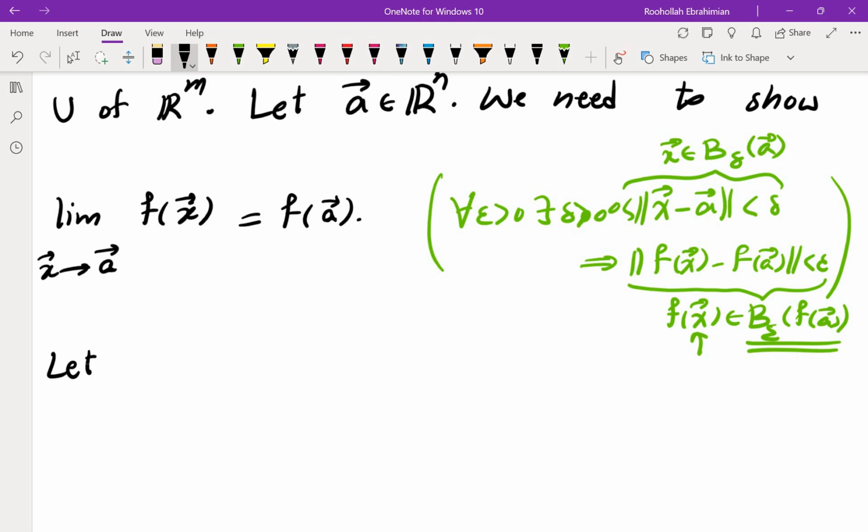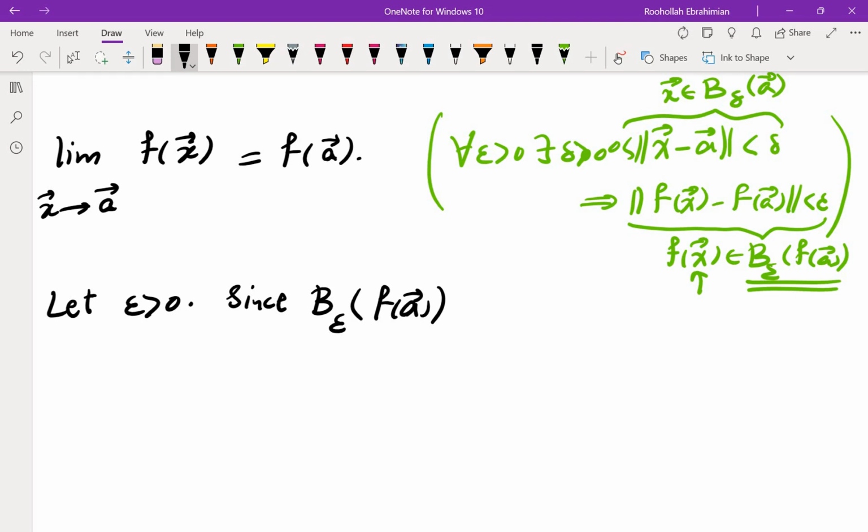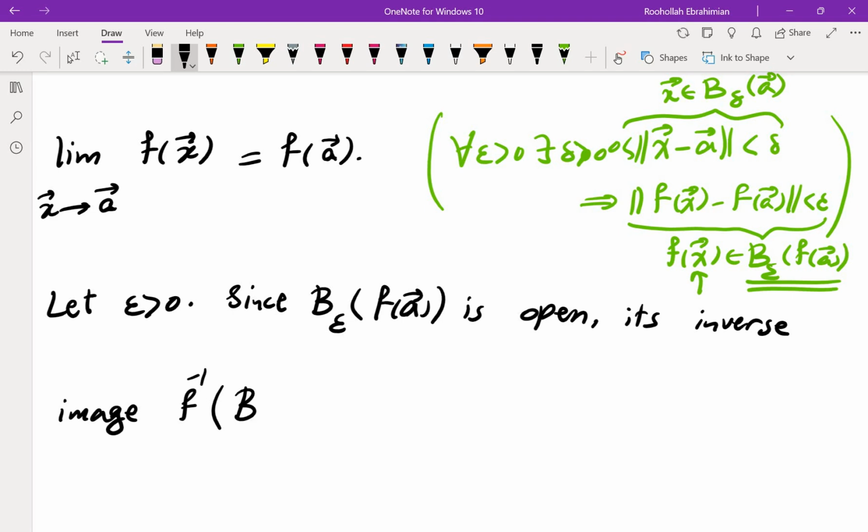Okay, so let's start with epsilon positive. So let epsilon be positive. We would like to show the epsilon delta definition. Since the ball of radius epsilon centered at f of A is open, its inverse image, f inverse of the ball of radius epsilon centered at f of A, is open.